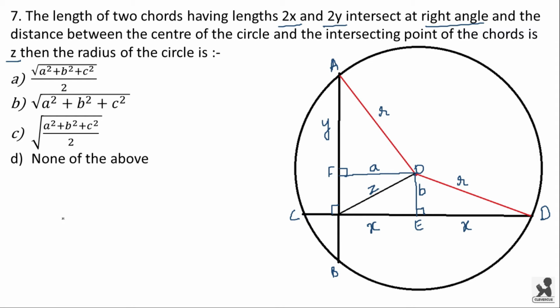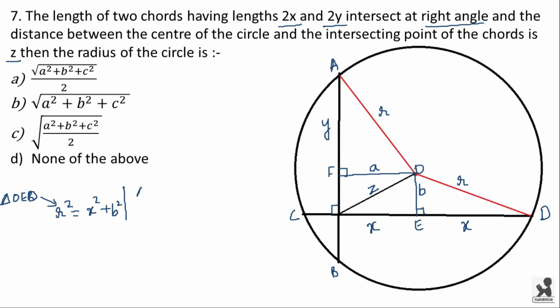Now let us see R square from triangle OED. R square is equal to x square plus b square.